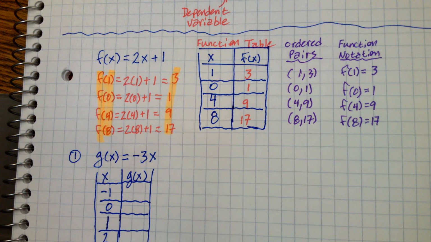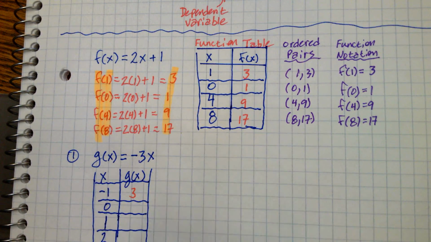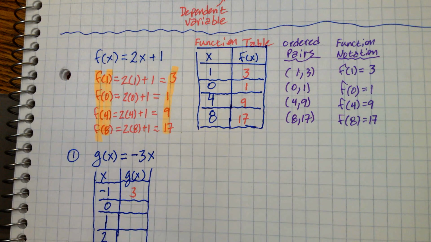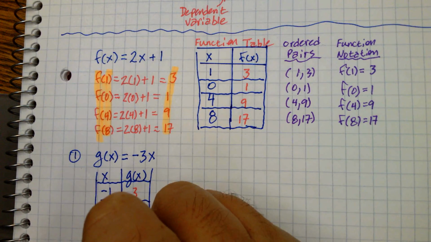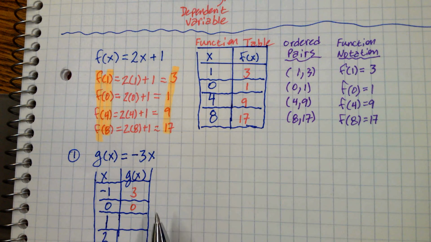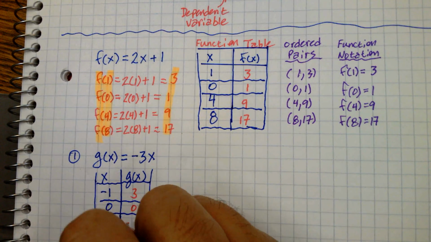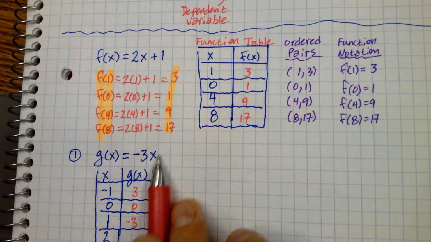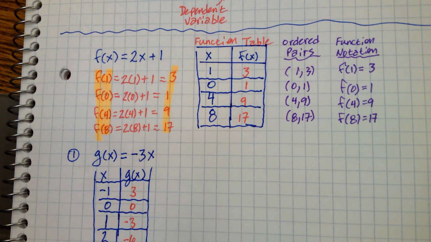Okay, what's that going to give us? Positive 3. Then we would do negative 3 times 0. That's 0. And then the next one, negative 3 times 1, that's negative 3. And then we'll do negative 3 times 2, negative 6. So now that's the function table.